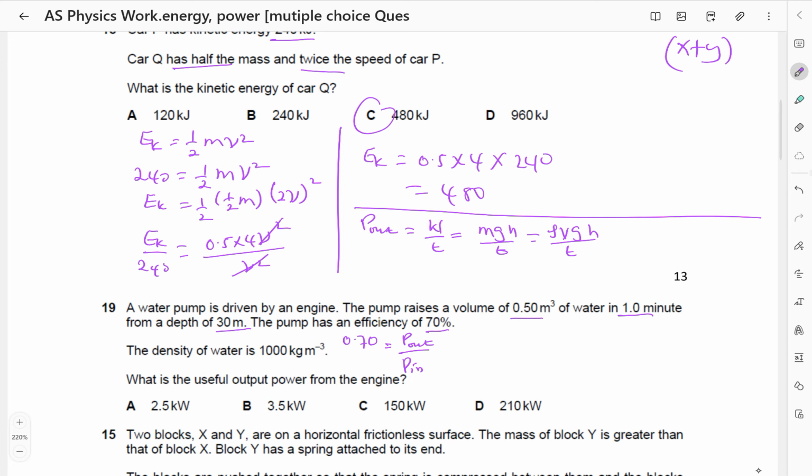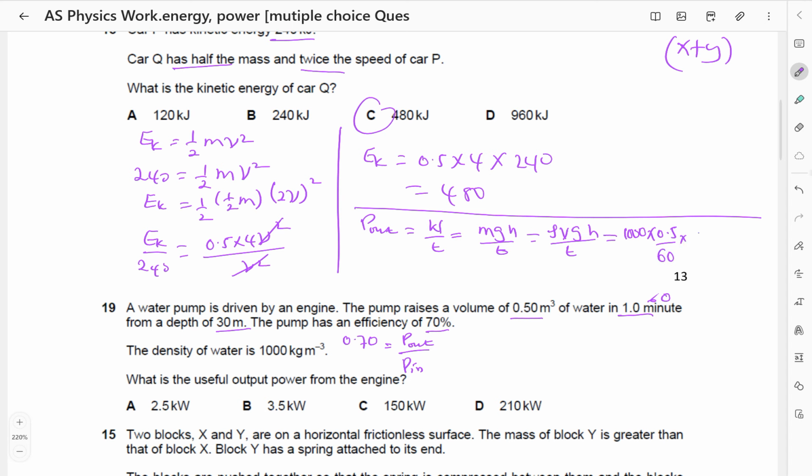We have the volume per minute. We shall just change volume into volume per second instead of volume per minute. Remember, 1 minute is 60 seconds. So we shall just substitute density of water, which is 1000, times volume over t, which is 0.5 divided by 60 to change it to volume per second.